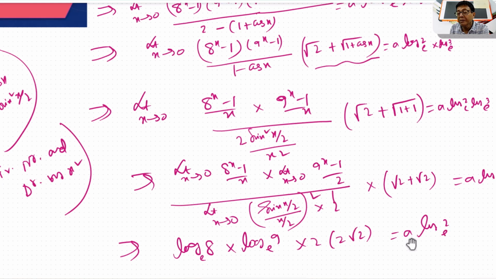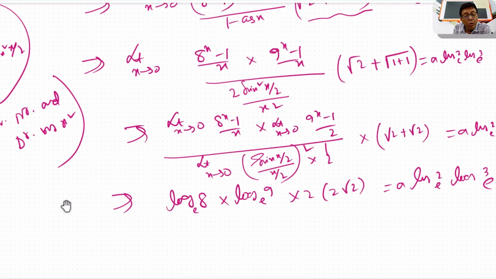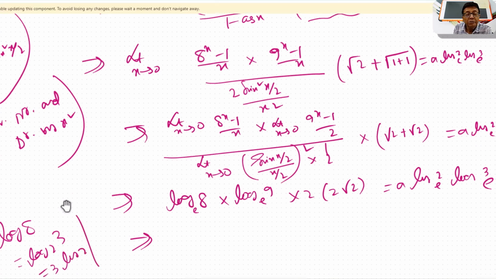Now do you find something here? Yes. What is that? This log 8 is log 2 cube, 3 log 2, and this is 2 log 3.